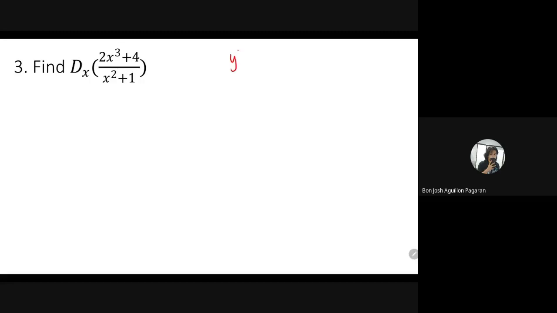Baka hindi alam ang gagawin na yung derivative niyan ay v du minus u dv all over v squared. Ang ating v po dyan ay ang denominator, ang u natin ay yung numerator.